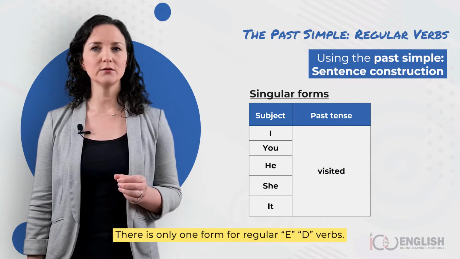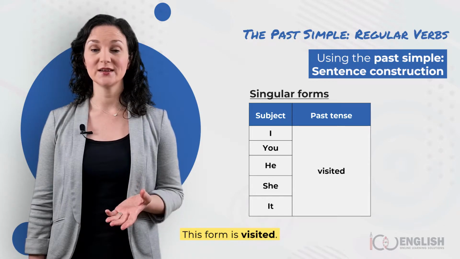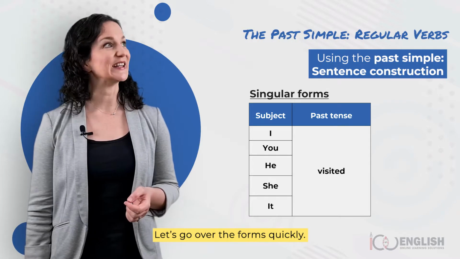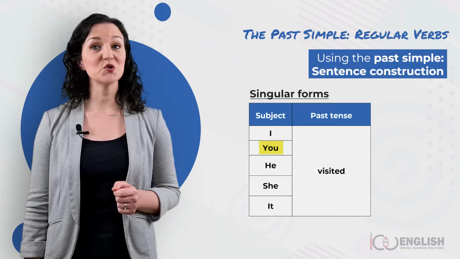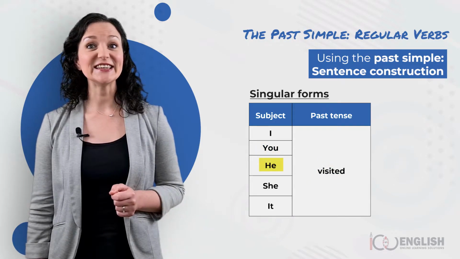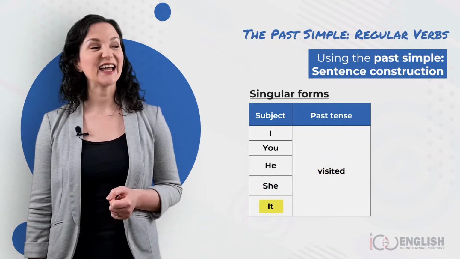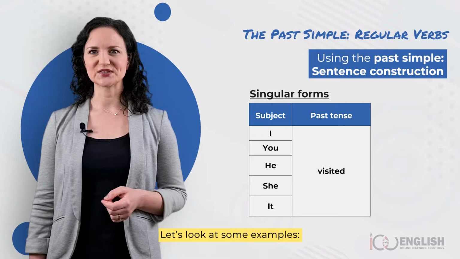There is only one form for regular ed verbs. This form is visited. Let's go over the forms quickly. I visited. You visited. He visited. She visited. It visited.